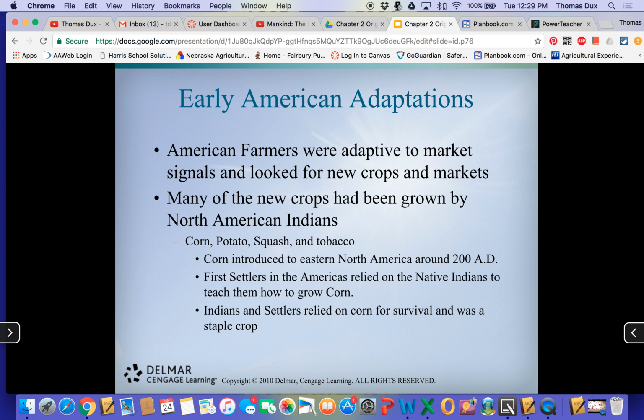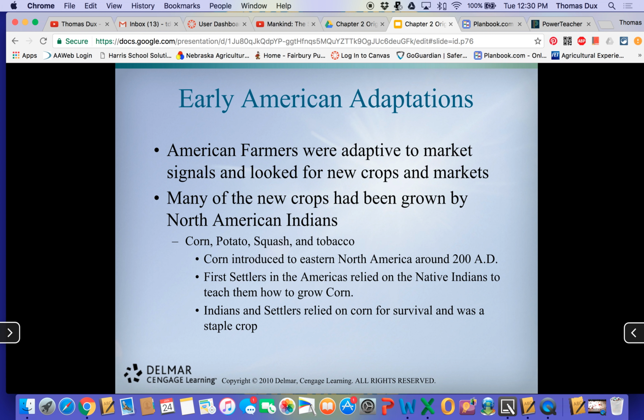We've talked a little bit about this already. When the New World was founded by Columbus, he found the land, right? And then as people did come here, there were Native Americans here, or it says North American Indians.